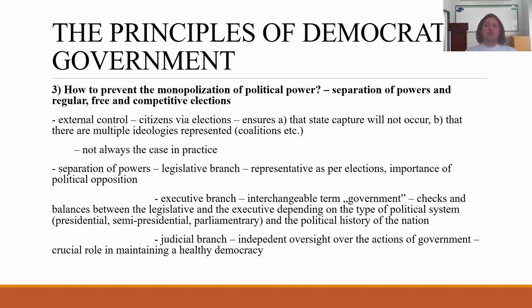The judicial branch provides independent oversight over the actions of government. This is important, because if the government is not protecting the basic rights which should be guaranteed to the people of that country, if the government is acting in a way which you believe is illegal, illegitimate, unconstitutional, you need to be able to implement some kind of recourse towards that government, because otherwise you get, in Croatia we have a saying, "kadija te tuži, kadija ti sudi," which means the same person who is suing you is also your judge.